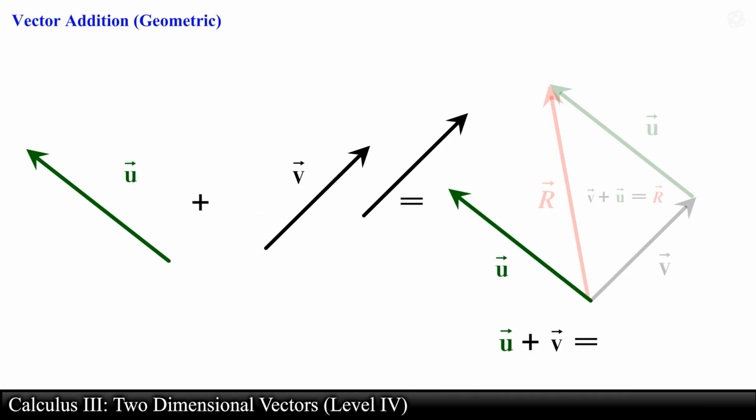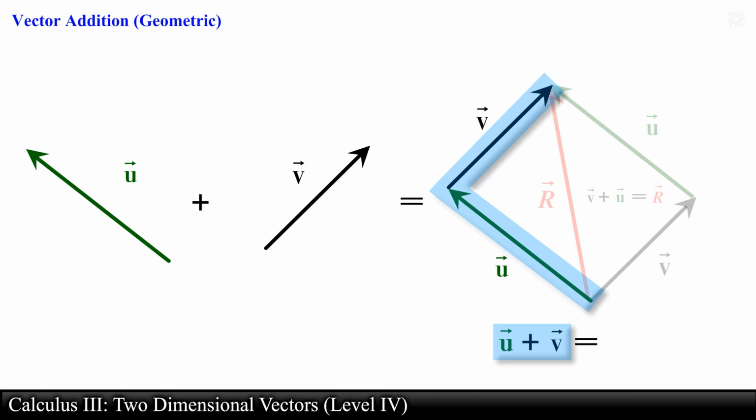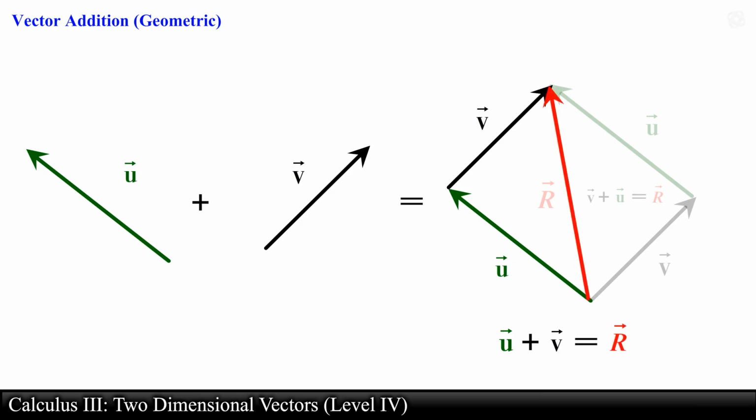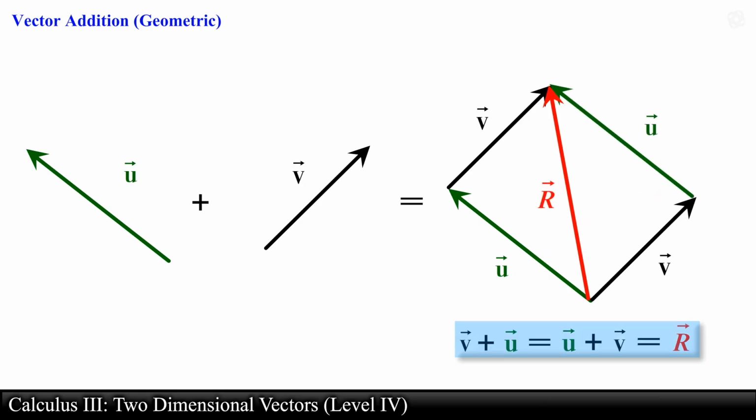We take vector v and move it so that its tail or initial point coincides with the tip or head of vector u, and define the sum vector u plus vector v as the vector that starts from the initial point of vector u and terminates at the tip of vector v. Notice that we obtain the same resultant vector. In other words, vector v plus vector u equals vector u plus vector v.